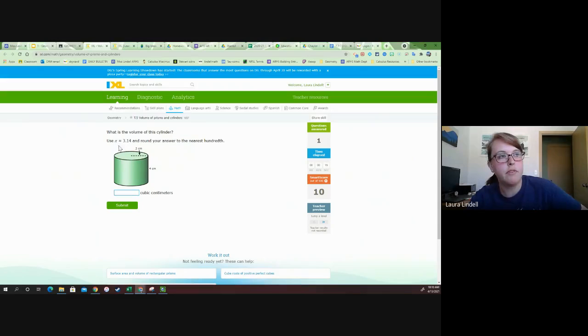And then we go to a volume of a cylinder. Notice it says to use 3.14 instead of pi. So if you're using a calculator with a pi button, for this IXL section only, make sure you use the approximation 3.14 instead.